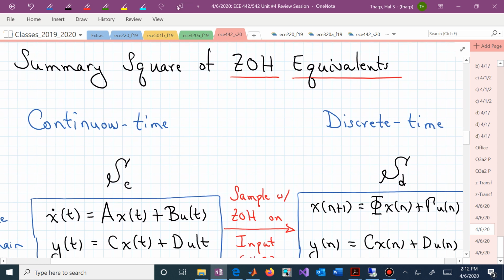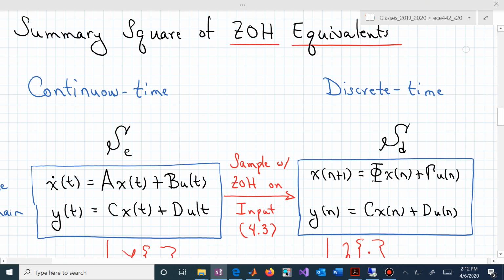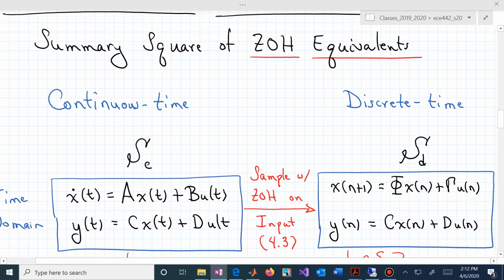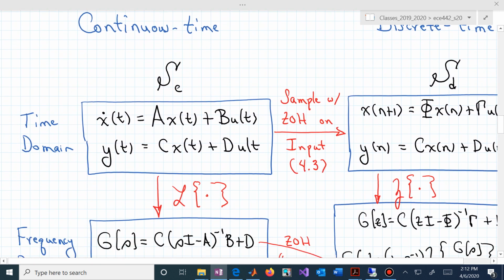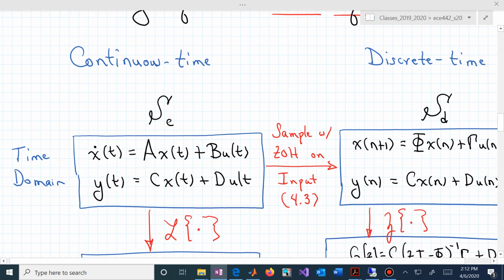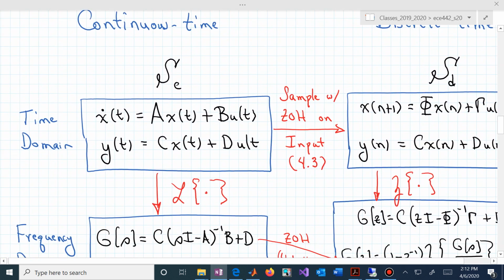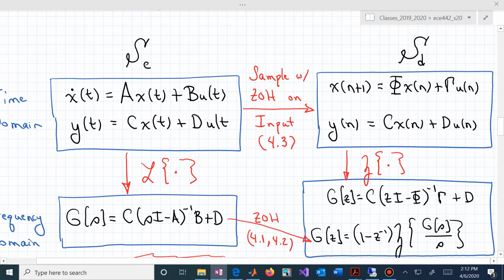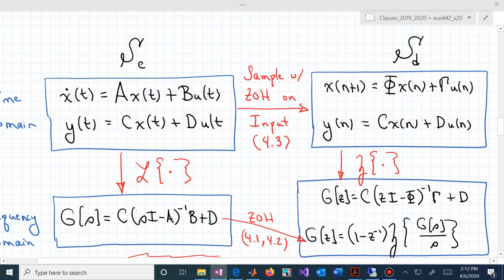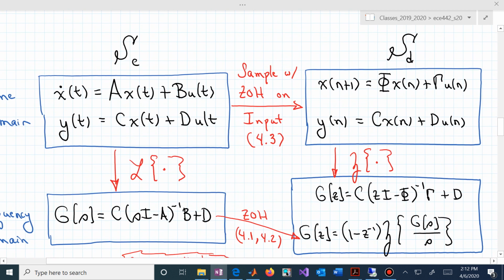One way to try to keep all of this straight is to think about a square of zero-order hold equivalents that connect time domain and frequency domain and continuous time and discrete time. In the time domain setting, we have this script S sub c, the A, B, C, D. If you now applied a zero-order hold to the input of that system and sampled, you would obtain this discrete time domain state space representation.